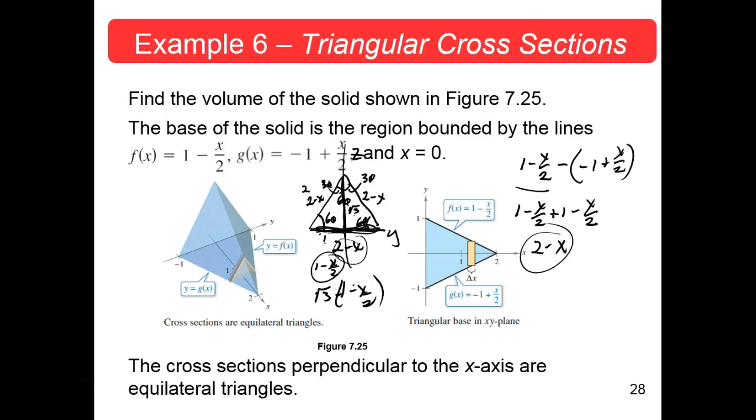Okay. So now we know the height, and the area of that triangle would be 1/2 the base times the height. Okay? Where the base was this, and the height was this times this, which is half of that. So basically, it's root 3 times 1 minus x over 2 squared.